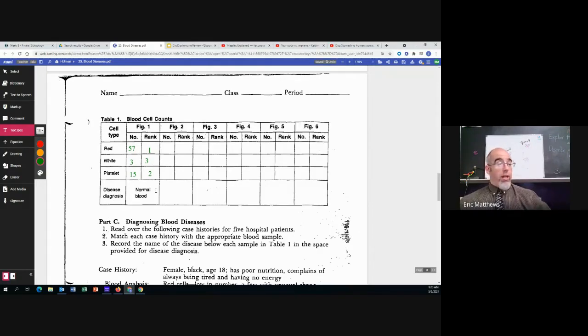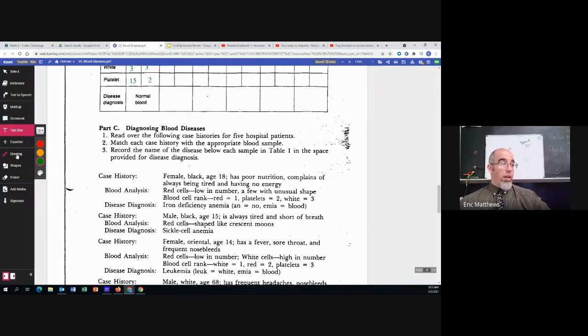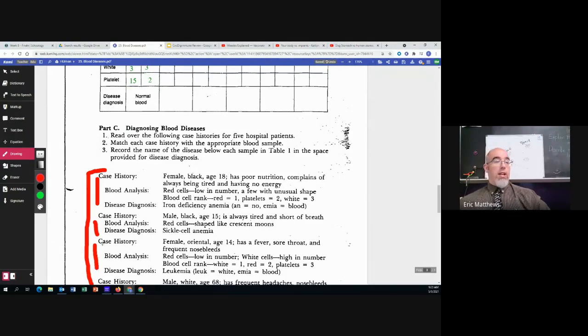So to do that, you're going to come down here to this area, and each one of these is a different disease. And you want to see what is the blood analysis. So for instance, the disease diagnosis of iron deficiency anemia, the blood analysis would be red cells are low in number, a few with unusual shape.